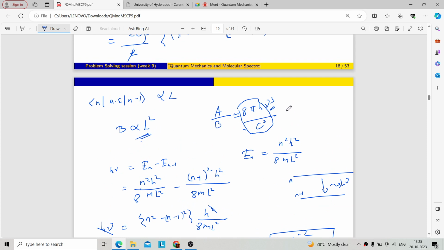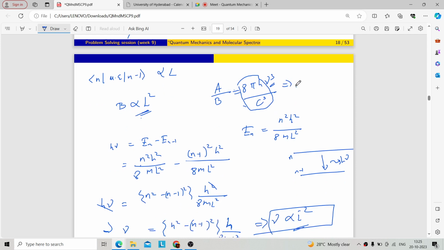So A will be proportional to B times nu cube. B is proportional to L square and nu is proportional to L to the minus 2, so nu cube goes as L to the minus 6.